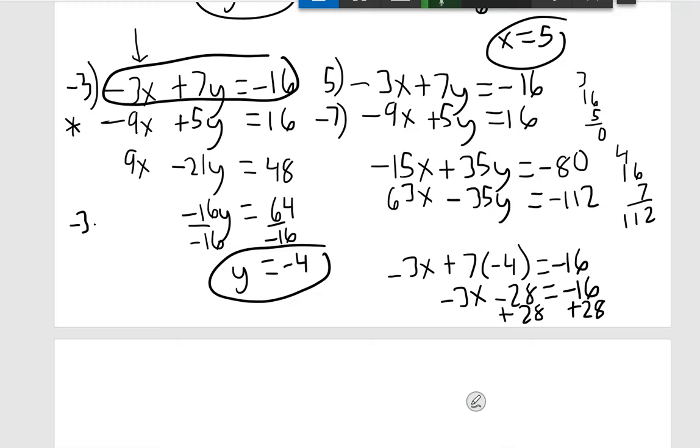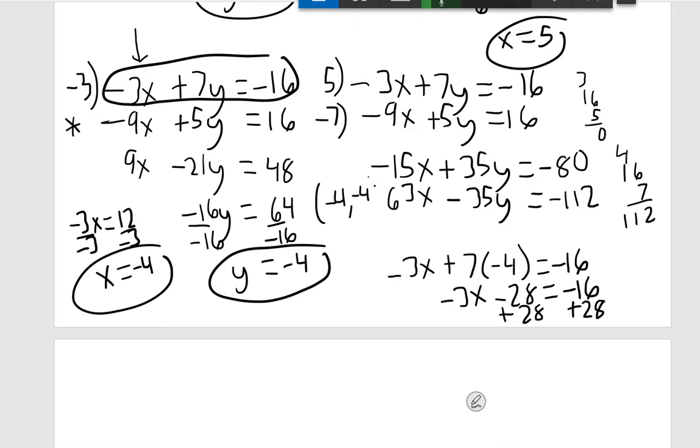So -3x equals 12, and then we divide by -3, so x equals -4. So the solution of this system, the ordered pair where they cross, we would write as -4, -4.